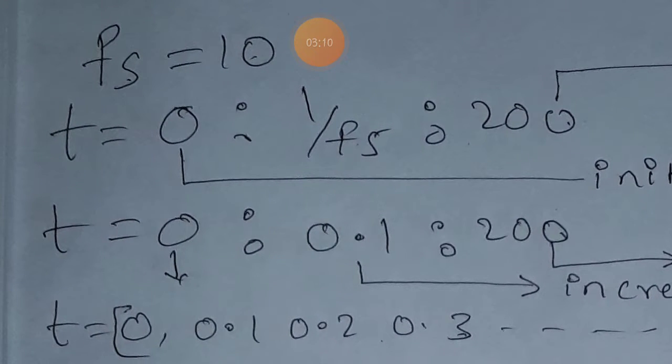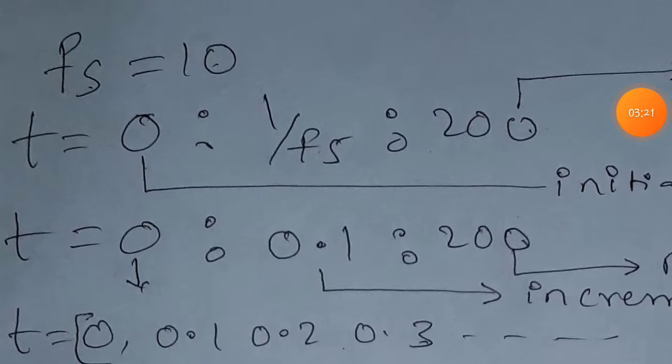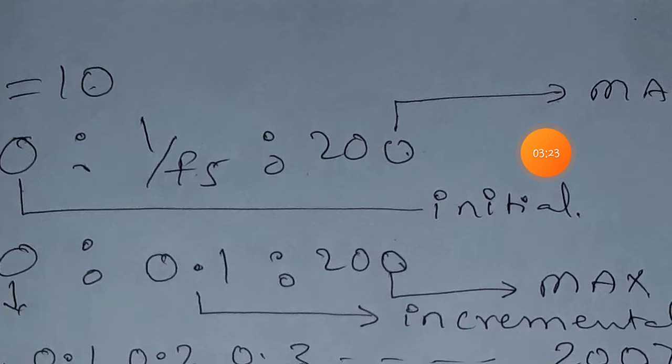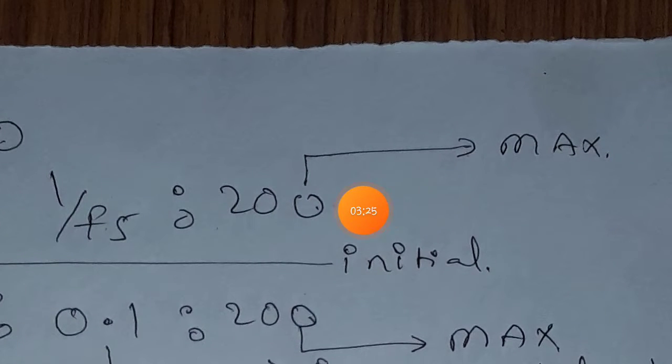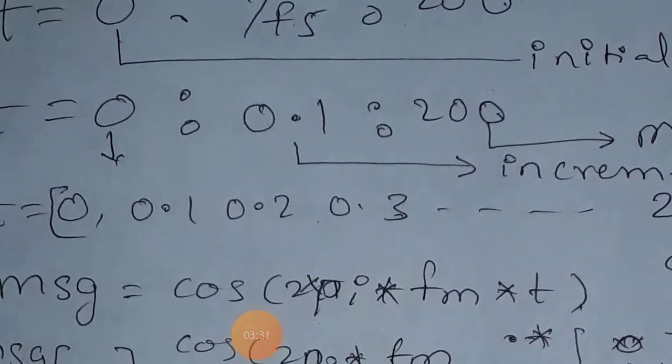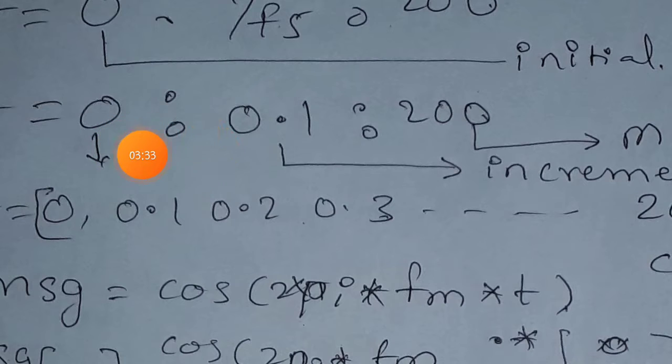See carefully. Fs is equal to 10, T equal to 0 colon 1 by Fs colon 200. So 0 is the initial value and 200 is the maximum value, the last element. 1 by Fs means 0.1.